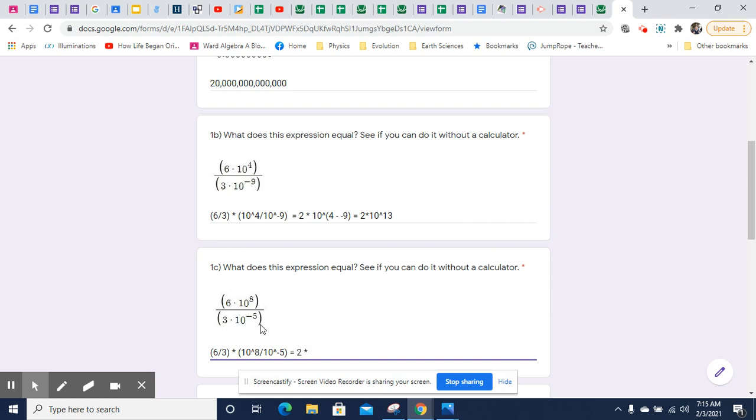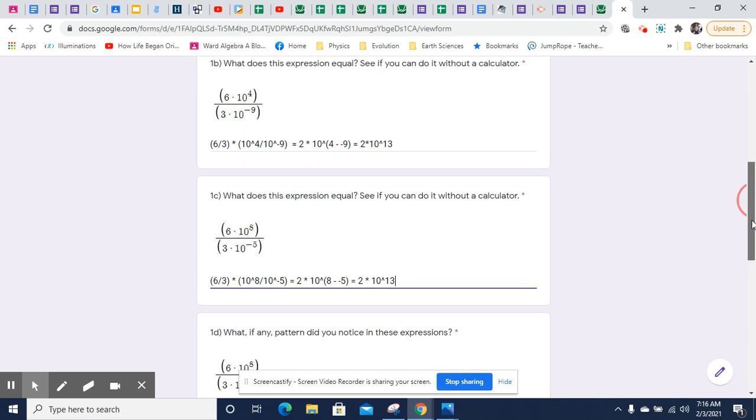And then 10 to the 8th divided by 10 to the negative 5th is going to be 10 to the 8 minus negative 5. 8 minus negative 5 is also 13. So we now have, again, 2 times 10 to the 13th power, which is the same as 20 trillion, because 10 to the 13th is 10 trillion, I'm sorry, that's 10 trillion.